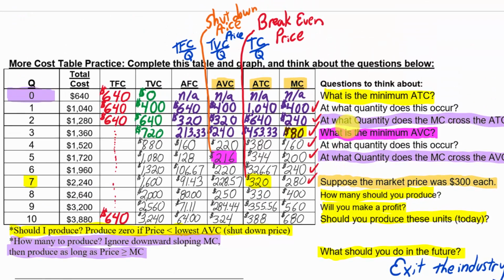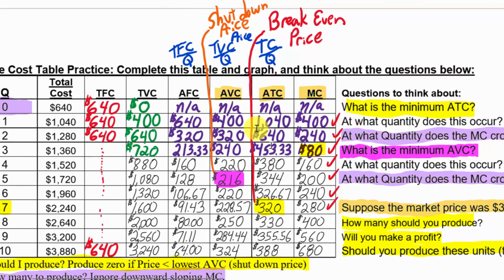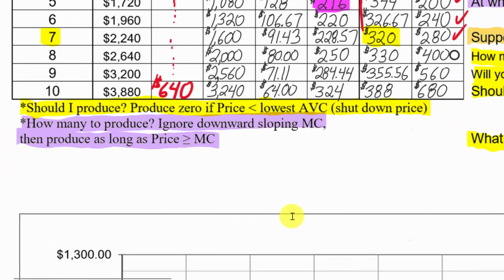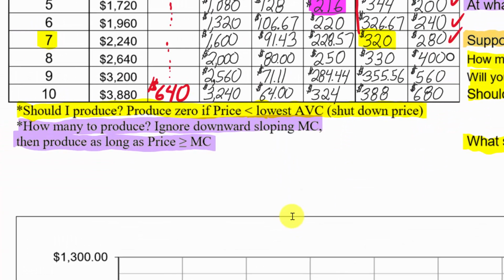Now what was the break-even price again? $320. Okay, let's pick a price that's a lot bigger than the break-even price. Let's say $560. So let's suppose the price was $560. Let's see how many units this person should produce and how much profit they're going to make.